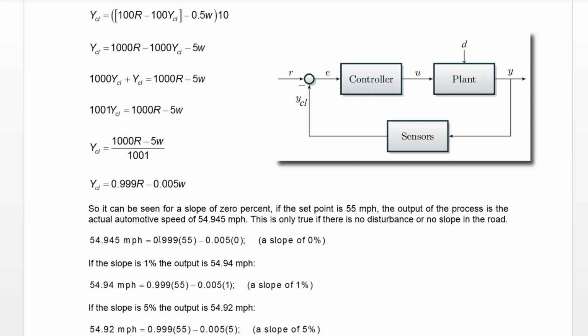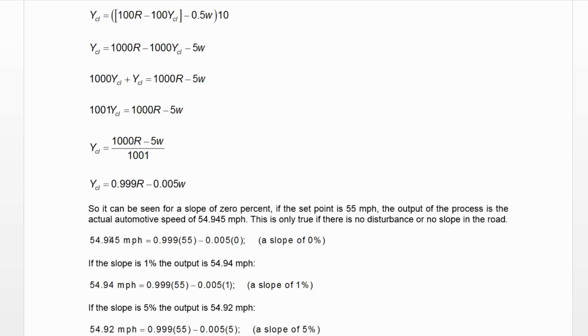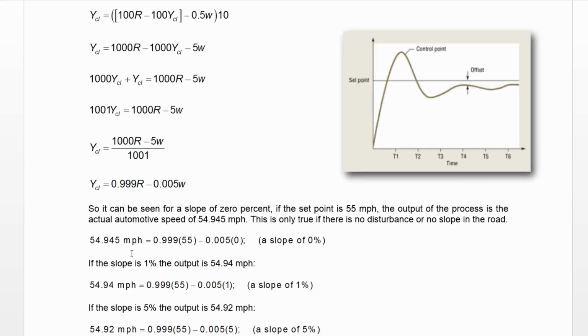So 0.999 times 55 minus 0.005 times the slope of 0 gives us 54.945 miles an hour. So with proportional only control, we can't hit 55 miles an hour. We want 55. We set it to 55 when we set our set point, but we only drive at 54.945 miles per hour because there's always an offset with proportional control. There always has to be an error with feedback.